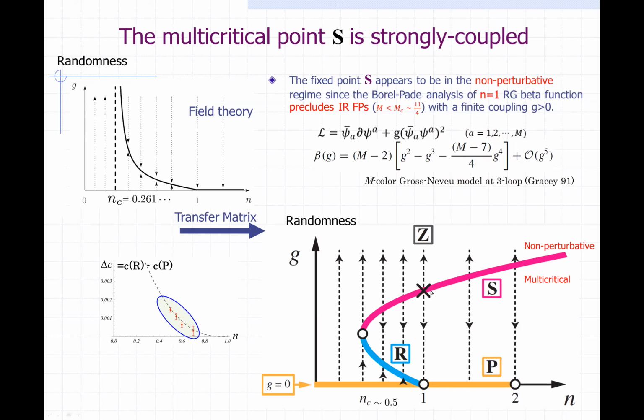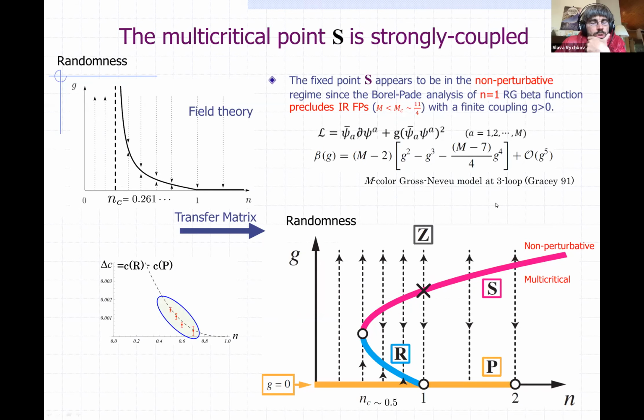The whole red line disappears. This means this multicritical point is really non-perturbative. In a perturbative RG, we cannot find this. That's a very crude argument, but that is the direction of the argument. So this cannot be found in conformal perturbation theory.